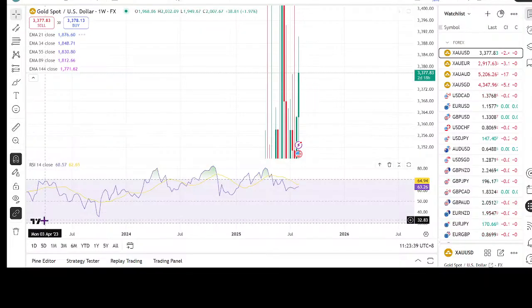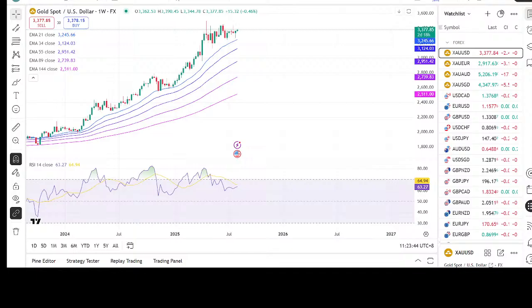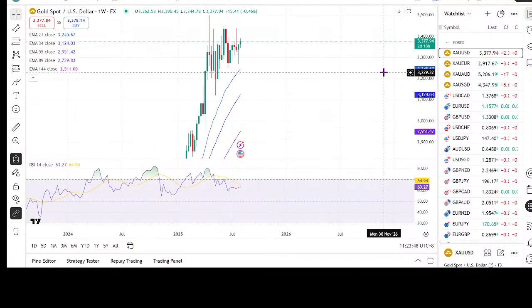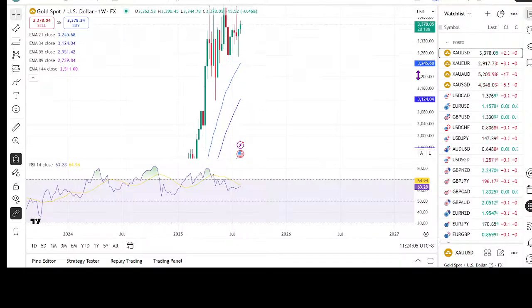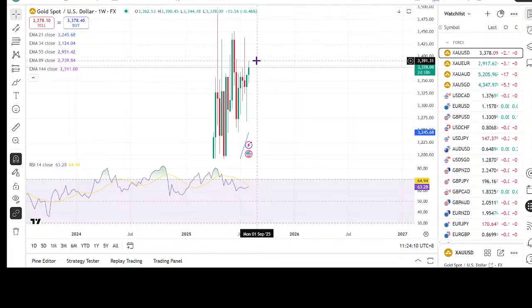Okay, looking at the weekly, this is showing strength, and we should see the high, but the only thing is we have to see whether the high is confirmed, or we may see the price extending further.